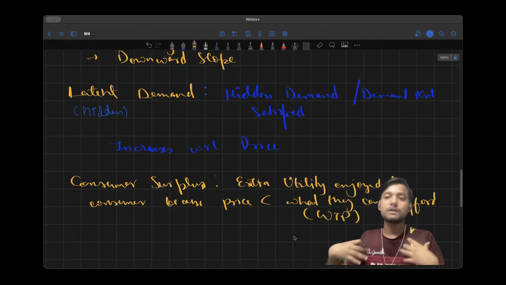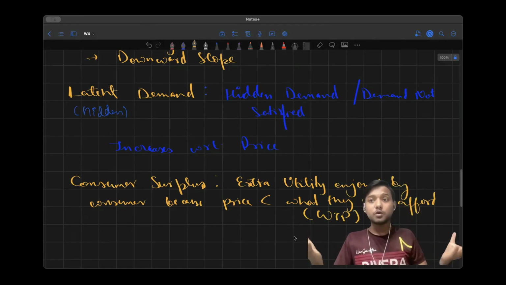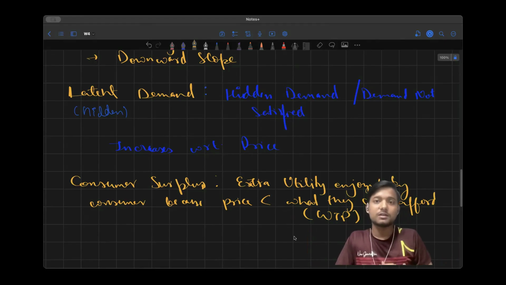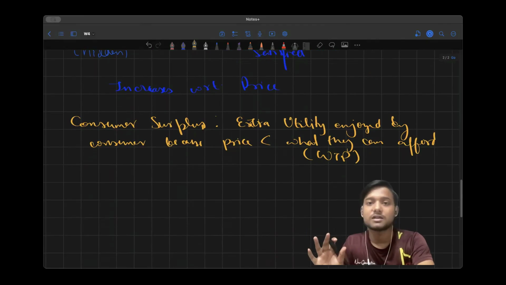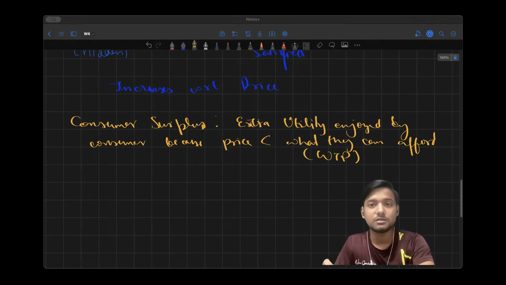So when you are willing to pay 150 rupees, but you get the same good for, let's say, 100 rupees, that is going to be known as consumer surplus, because we got that extra satisfaction for 50 rupees. So this is something known as consumer surplus.